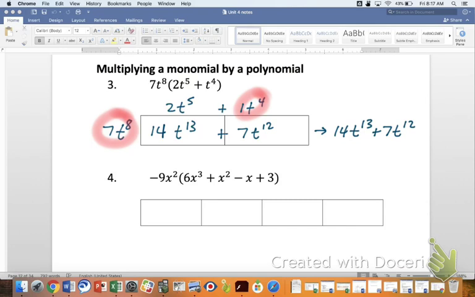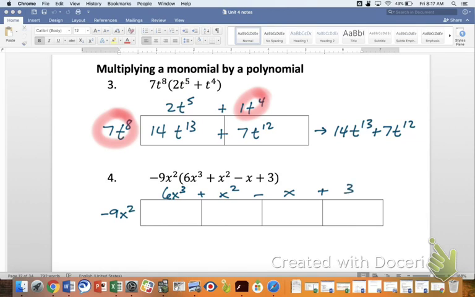All right, and then finally number 4, I'm going to write my negative 9x squared right here, and then we're going to multiply times 6x cubed plus x squared minus x plus 3.